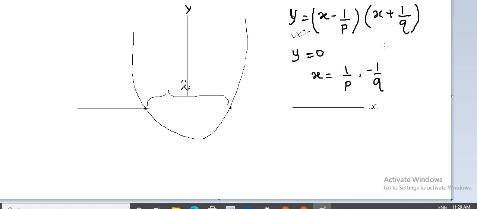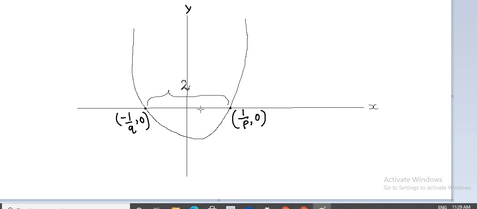So these are the two roots of the curve that is given to us, and these are the only intercepts on the x-axis. Let's mark these points. This point will become 1 by q comma 0 and this point will become 1 by p comma 0.